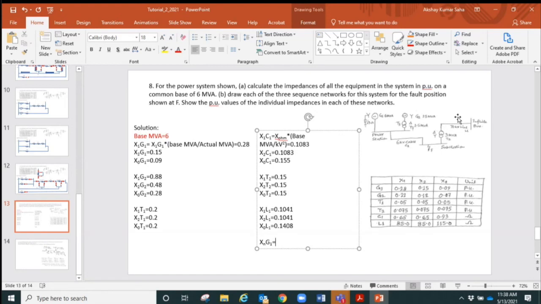Yakari, Timira, Luvo, what is happening? 0.5 per unit.